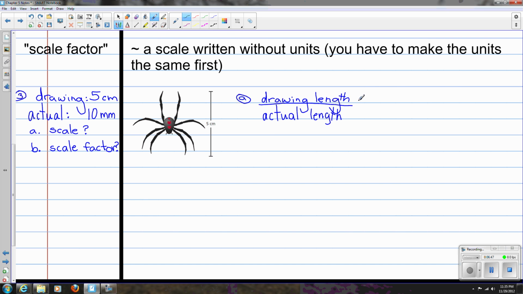Okay, so in the drawing we can see that the spider is 5 centimeters. And the question told us that the actual length of the spider is 10 millimeters.